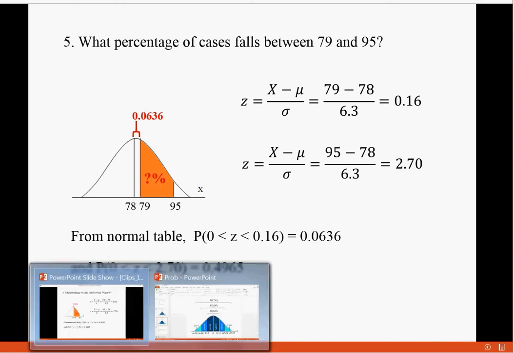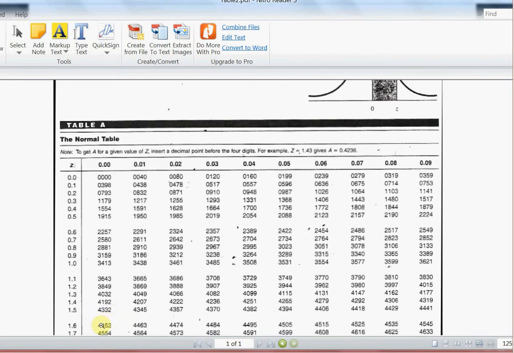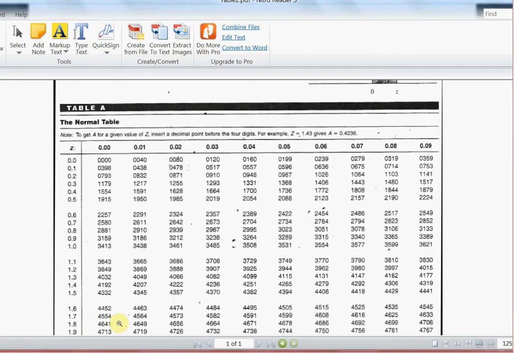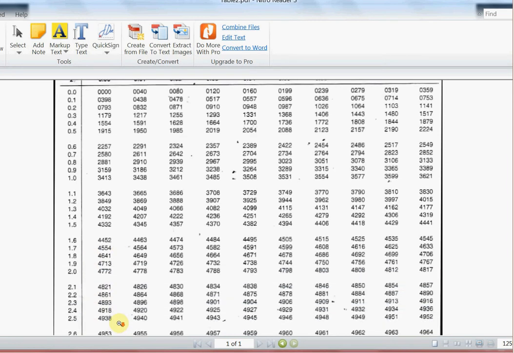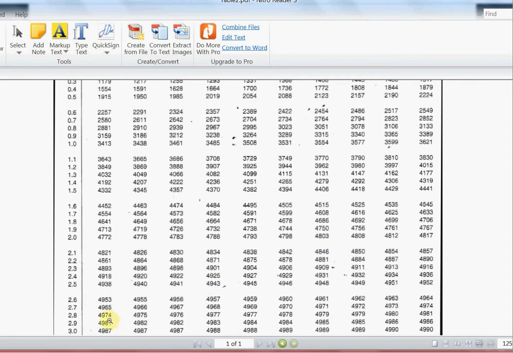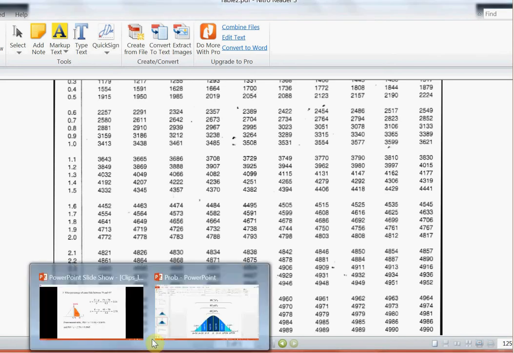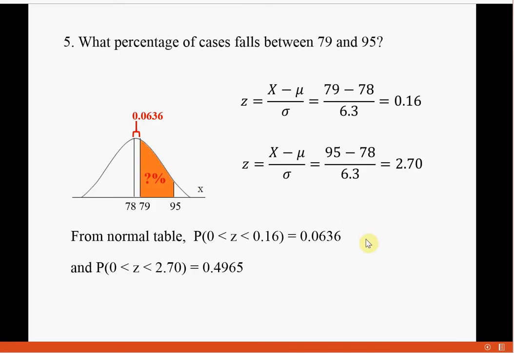Yes, 2.7, right here, 4965. So 0.4965 or 49.65% is here, from the mean, from the middle to 95.